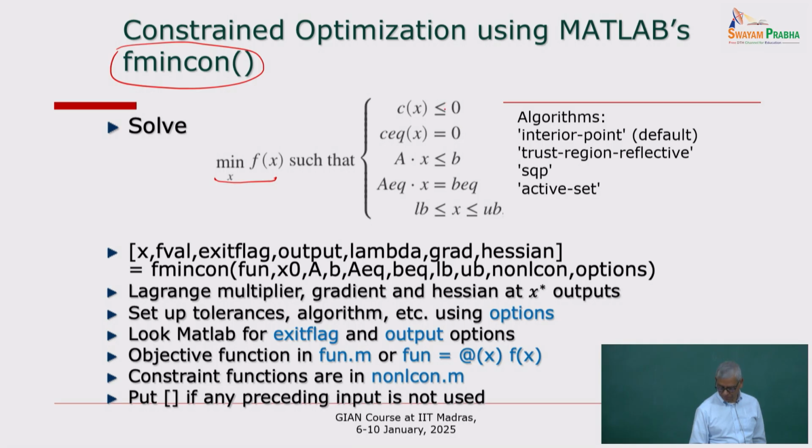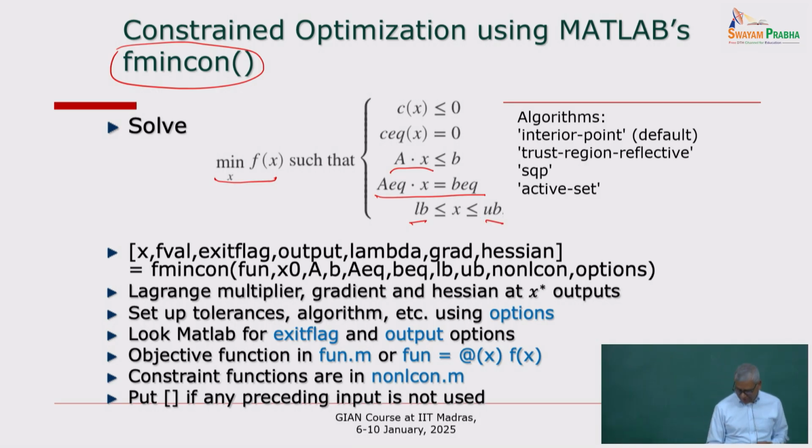In less than or equal to form, you have to put your constraint function in this form, and some linear constraints. Ax less than or equal to b means all your constraints are linear in x. So if you have some linear constraints, you can supply A and b. And this is linear equality constraints, and then you can provide lower bound, upper bound. These are all in vector form, right?